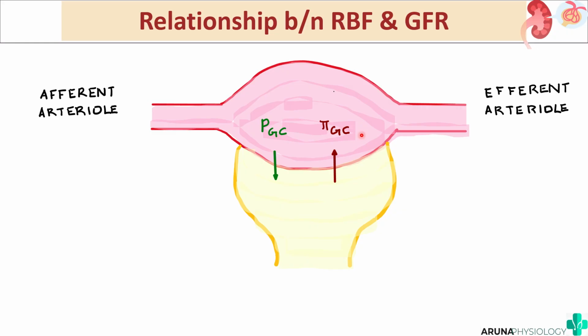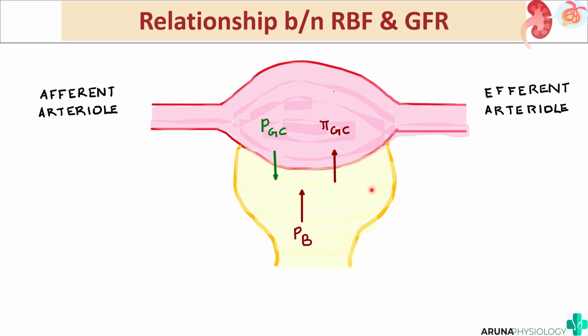Similarly, for the Bowman space, we've got the hydrostatic pressure which pushes the fluid out from the Bowman space into the glomerular capillaries. In fact, ideally there should also be an oncotic pressure for the Bowman's capsule, but there are no proteins, hence the oncotic pressure exerted by the Bowman space is zero.